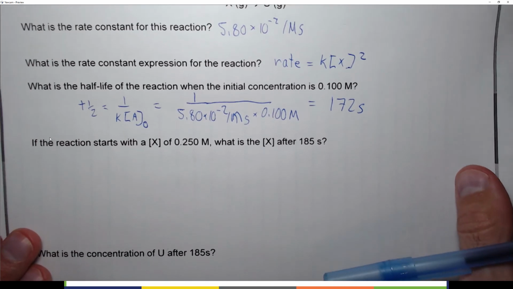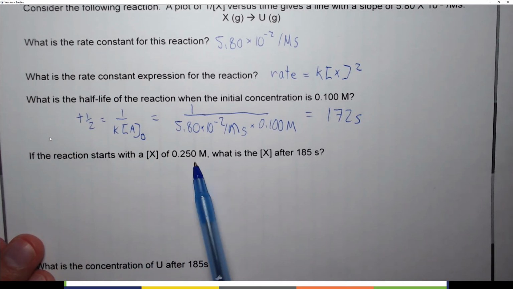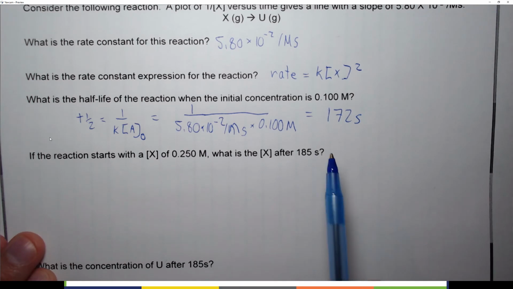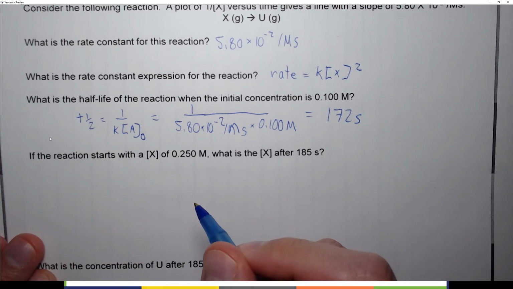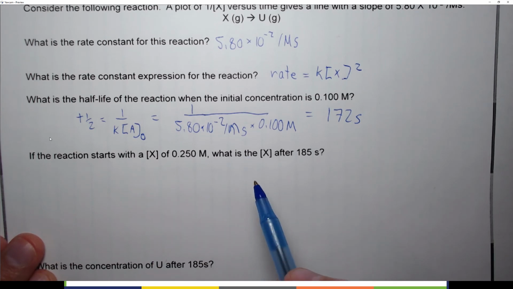Another question is, if the reaction starts with concentration X of 0.25 molar, what is the concentration of X after 185 seconds? So the integrated rate law is very good for this, but don't forget we need to use the correct integrated rate law. Since this is a second order reaction, we have to use the second order integrated rate law.